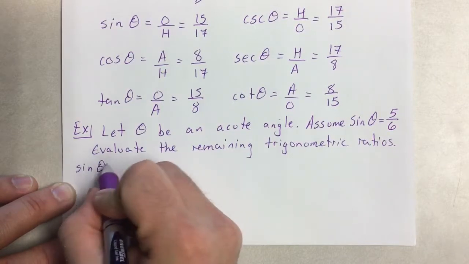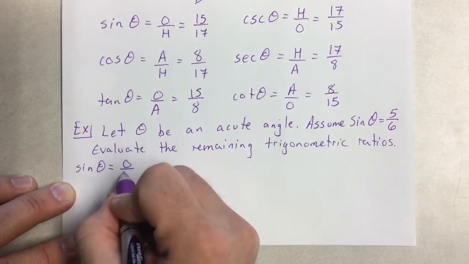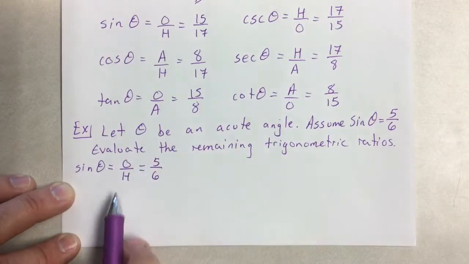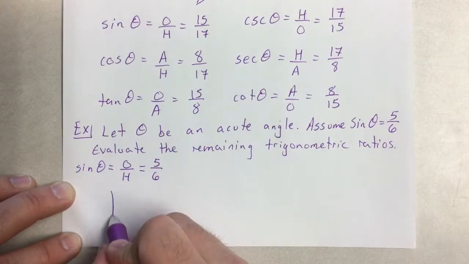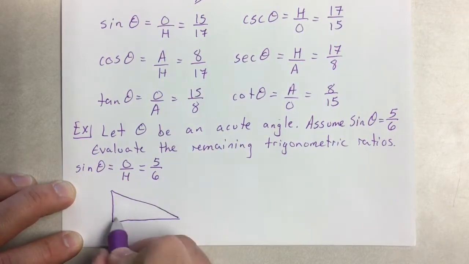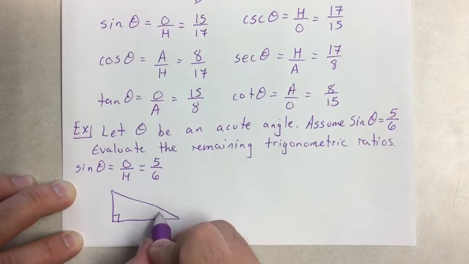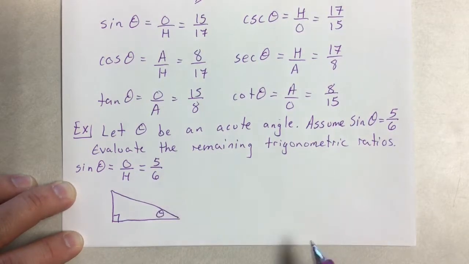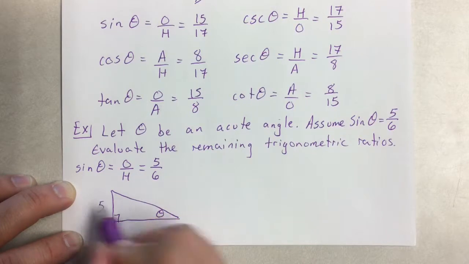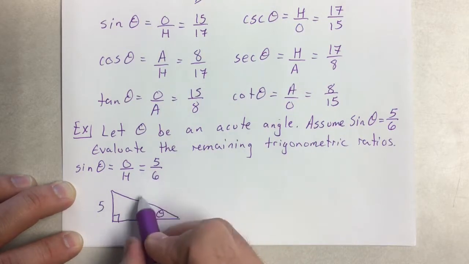So sine of theta, that is opposite over hypotenuse. Okay, so that's what we have. So if I were to create myself a diagram just for my sake, I'd say let's put our reference angle there. The opposite to the reference angle would be 5. The hypotenuse would be 6.